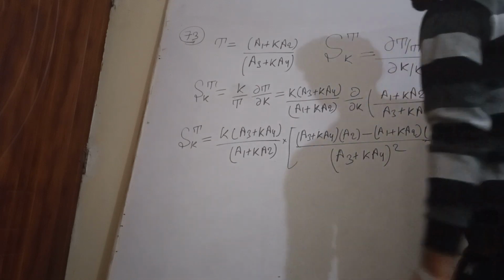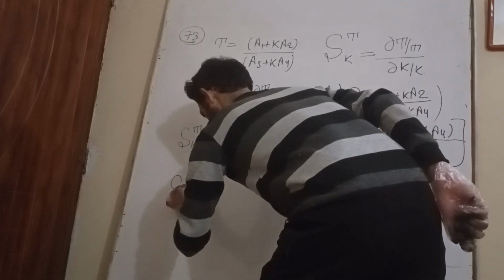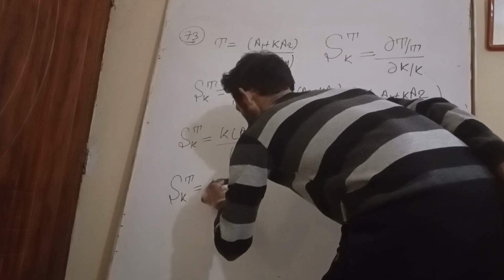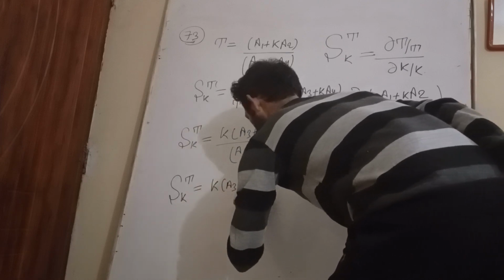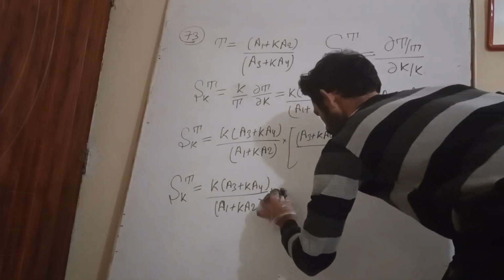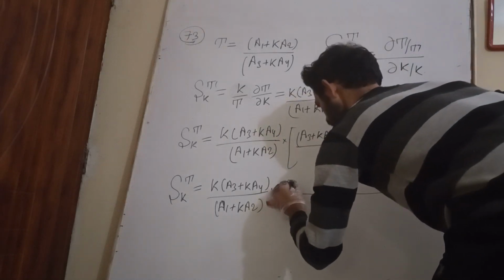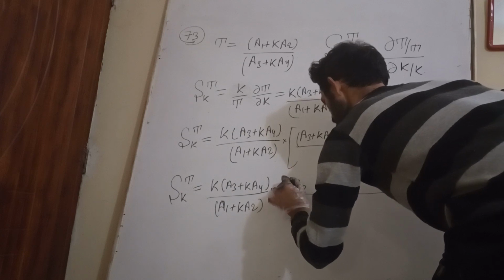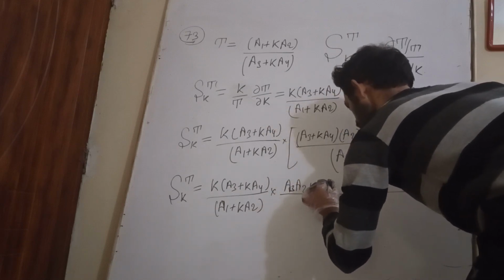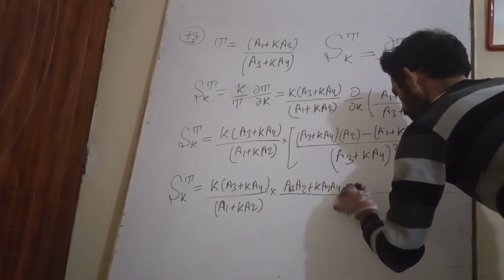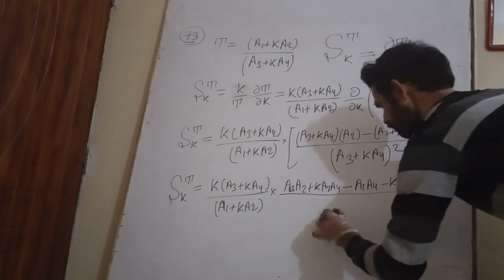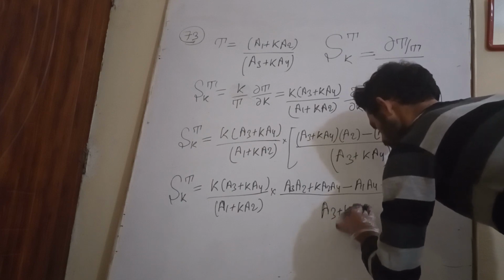Now see what we will get from here. Sensitivity of transfer function with respect to k is equal to k into (a3 + k a4) divided by (a1 + k a2), into [a3 a2 + k a2 a4 minus a1 a4 minus k a2 a4] divided by (a3 + k a4) whole square.